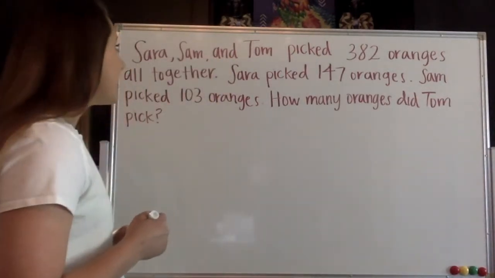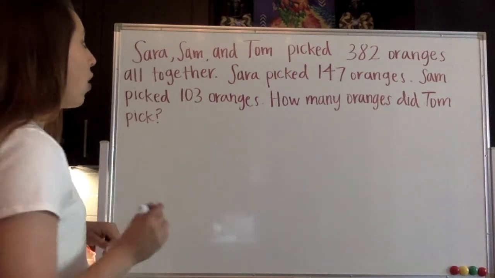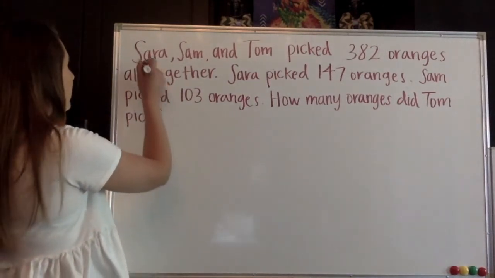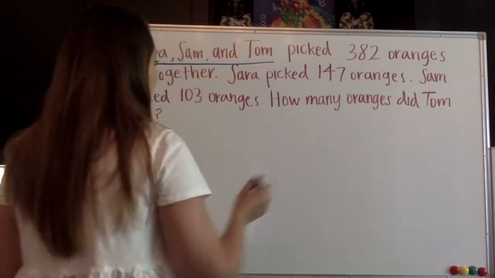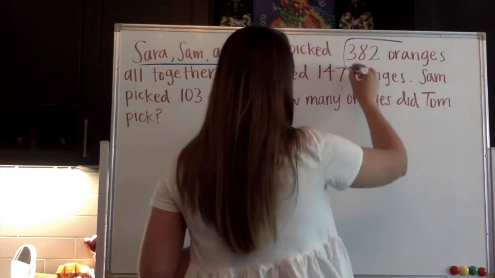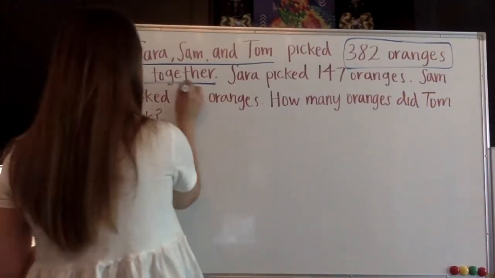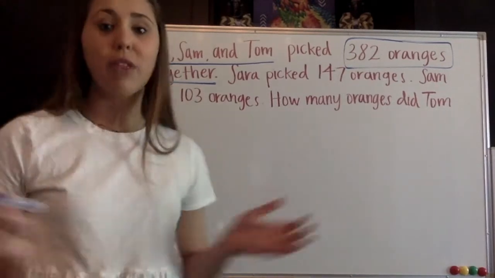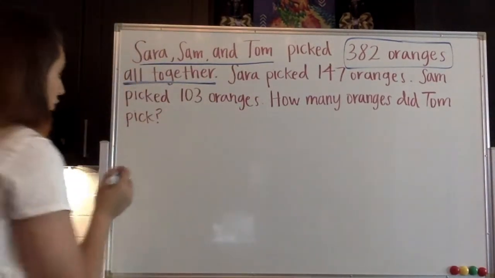So Sarah, Sam, and Tom picked 382 oranges altogether. I know their names are important, picked 382 oranges, and then altogether. So that means in total, the three of them all together picked these 382 oranges.